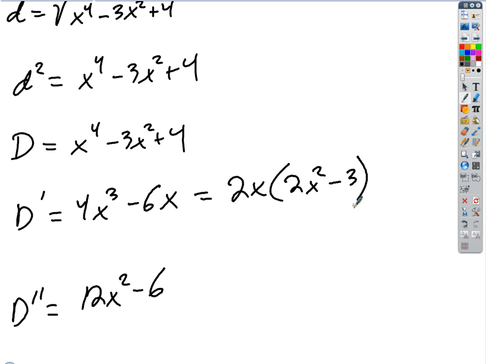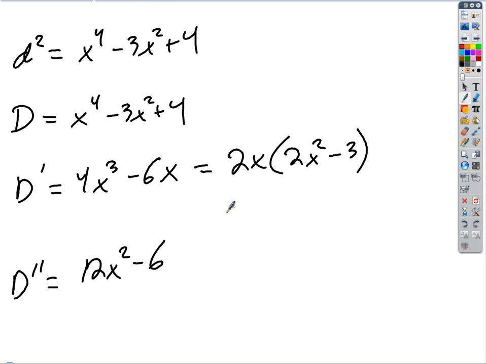So if I find the zeros of this thing, then what do I get? I get 0 at x equals 0 from that factor, or x equals plus or minus square root of 3 halves. Agreed? Okay.